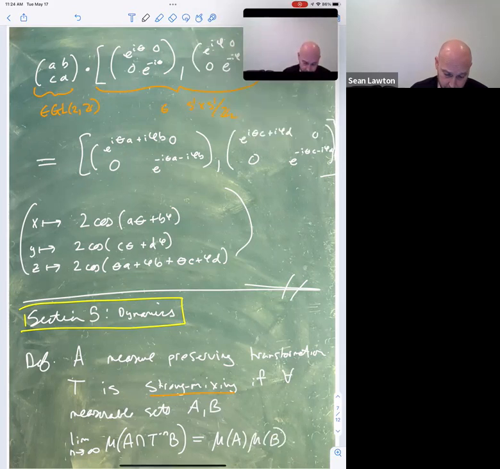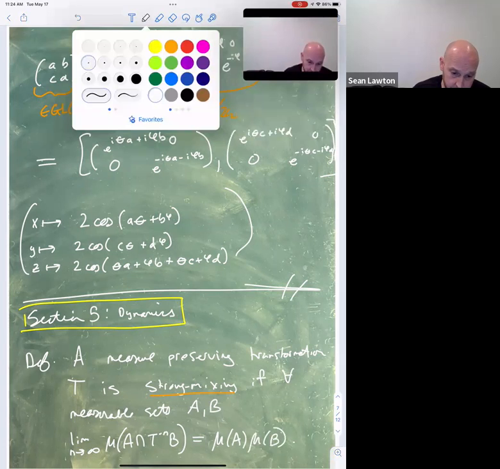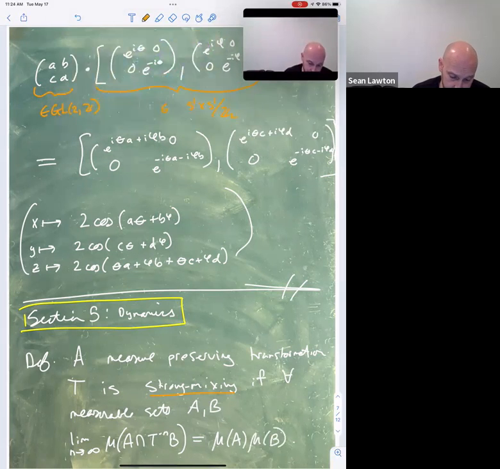Okay. And this implies ergodic. So an action is ergodic if you have an invariant measure with respect to the action and all measure invariant sets are either measure 0 or full measure.